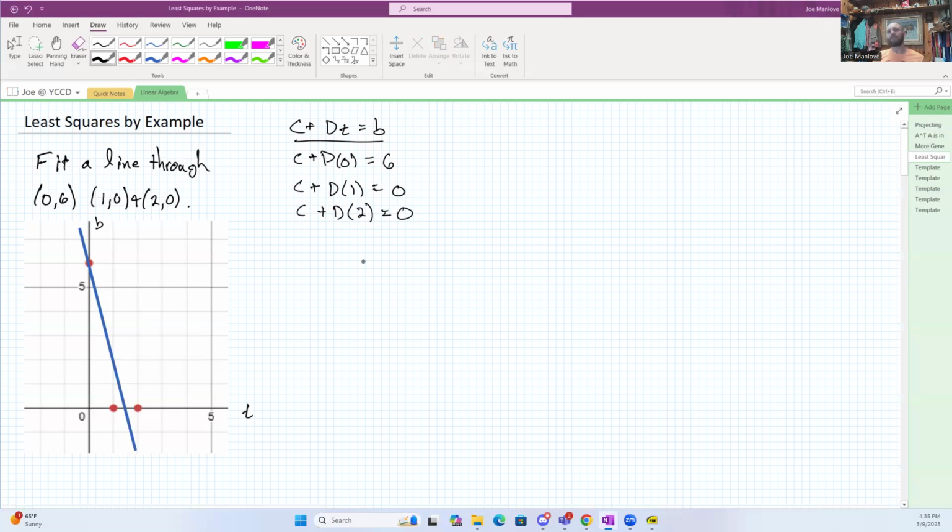Then I'm going to rewrite this in terms of a matrix because big surprise, we're in linear algebra, we use matrices. So if I do that, I'm looking at a matrix that looks like [1, 0], [1, 1], [1, 2], times the vector (c, d), is going to equal this new vector (6, 0, 0).